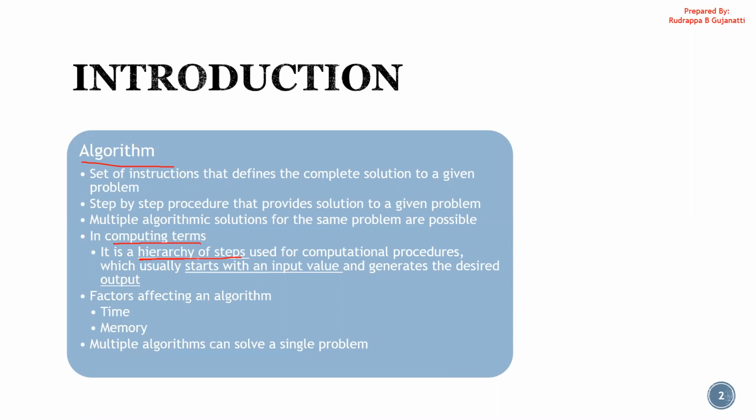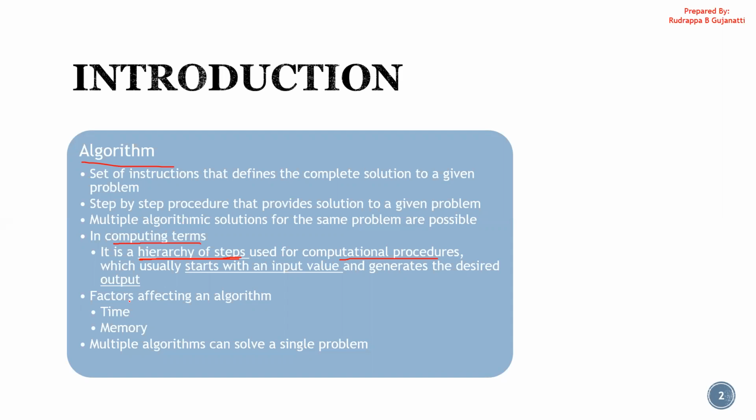They will have a hierarchy of steps which will be utilized for computing the solution, so that we obtain the required output. So an algorithm in computing terms is the hierarchy of steps which have to be followed in order to get the desired output.